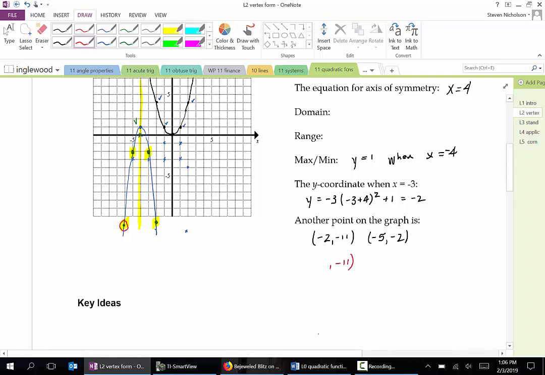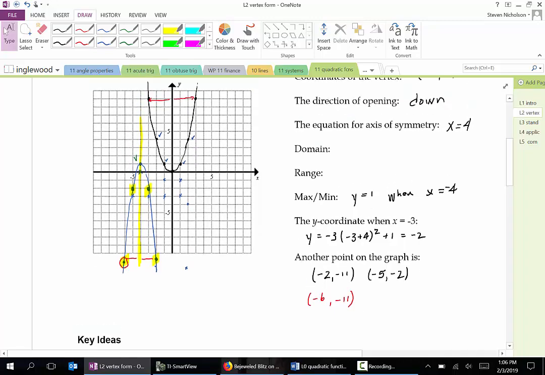I know it's the same distance down as my -2, 11, and I know I'm 2 away from the axis of symmetry, so I know I have to be 2 on the other side. So again, based on just simple characteristics of a parabola, we can start to really answer questions really quickly and really simply, but practice is going to really help us.